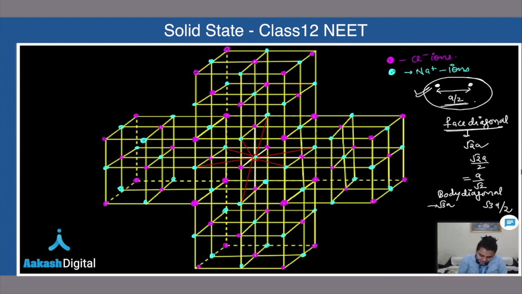Now let us see the next ones. 9, 10, 11, and 12. 4 at this, 4 at this, and 4 at this. 3 planes, total 12 atoms. Clear? So this means they are contributing to my second coordination number. So my second coordination number would be 12. Is it clear, everyone?